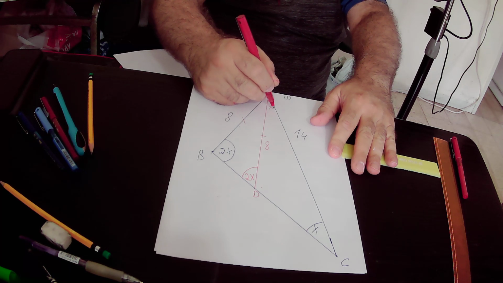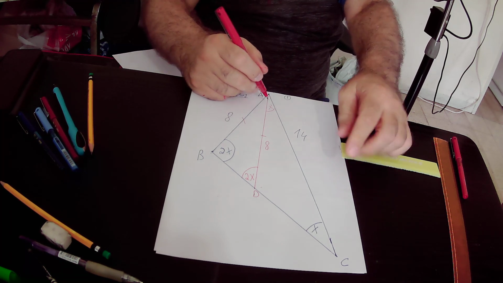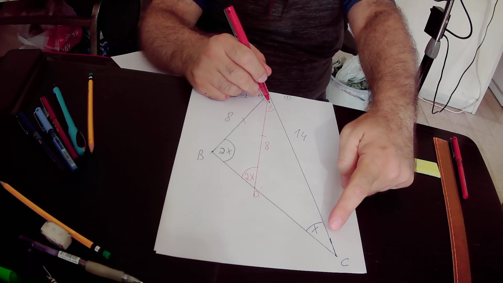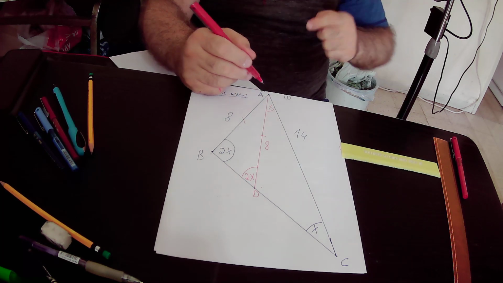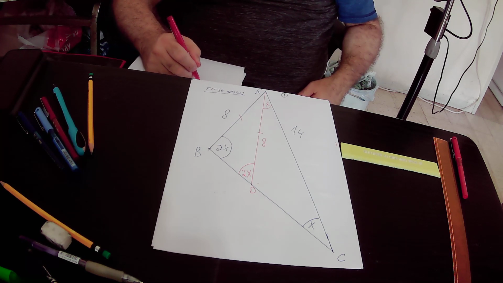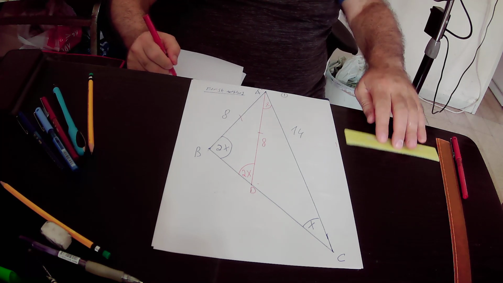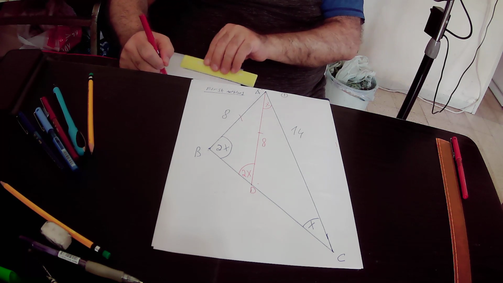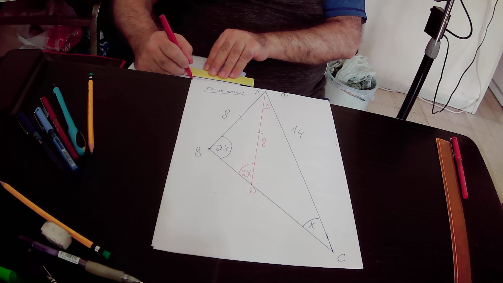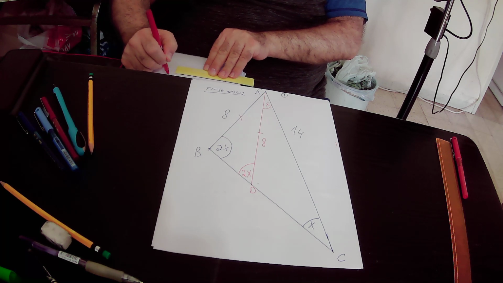So in triangle ADC, we have two equal angles.